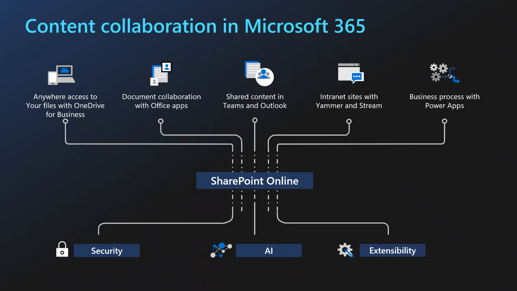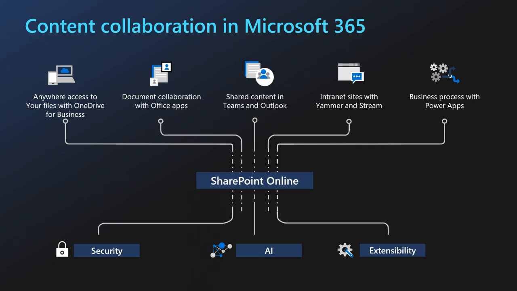Organizations need a modern content management and collaboration solution that's intelligent, secure, and integrated into the tools that we use every day. SharePoint Online is the foundational service in Microsoft 365 that powers content collaboration across the suite, enabling people and organizations to store, access, and share files from anywhere.